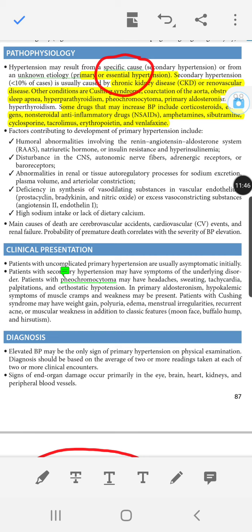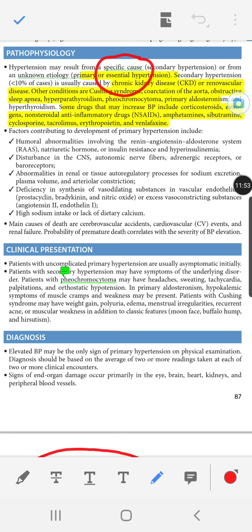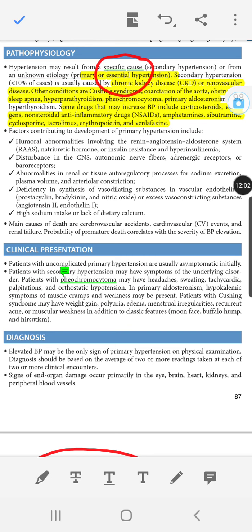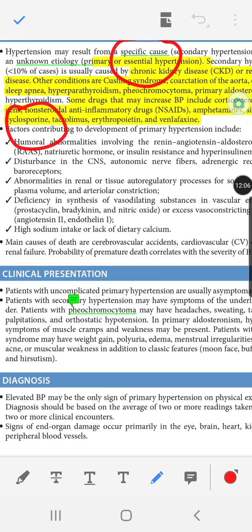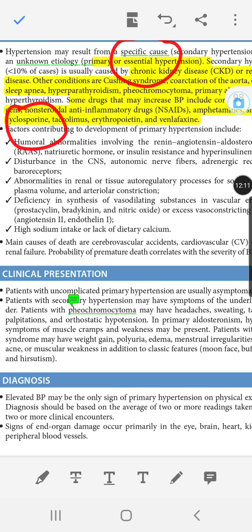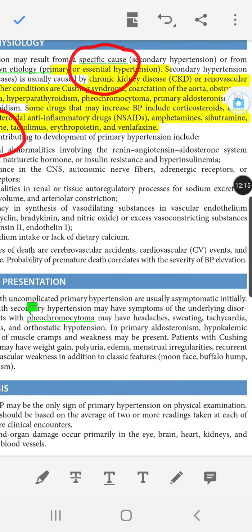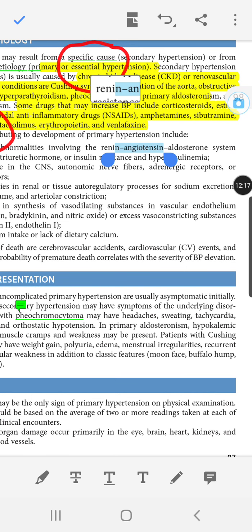Factors contributing to development of the primary hypertension include, now here we will tell you which factors are responsible for increasing the primary blood pressure. So these are the factors. Number one is humoral abnormalities involving the renin angiotensin aldosterone system.